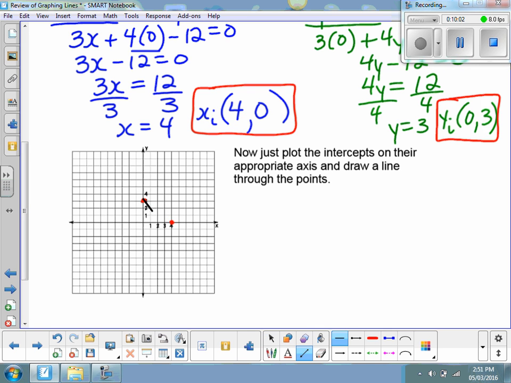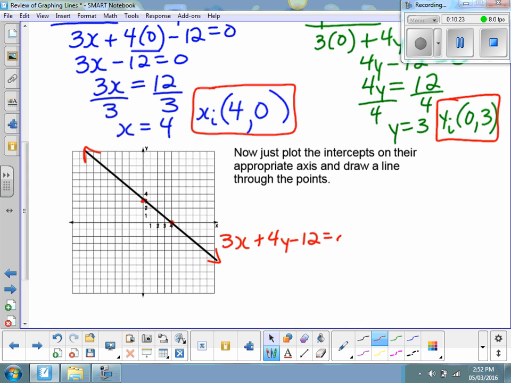And now we can draw the line through those 2 points. Okay, so that is what we're going to look like for that line, and I can write the equation of that line on there as well. So that's how we use the intercepts to graph a line.